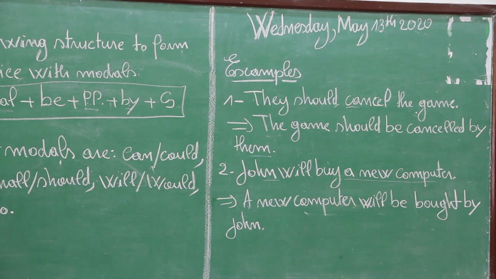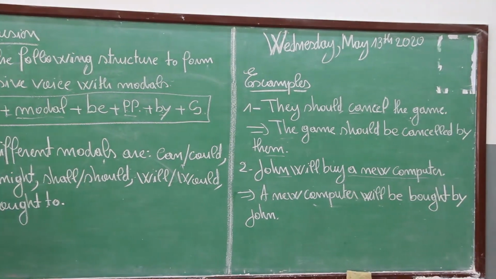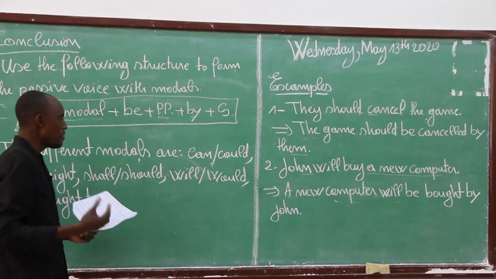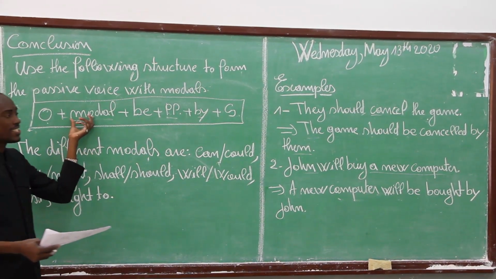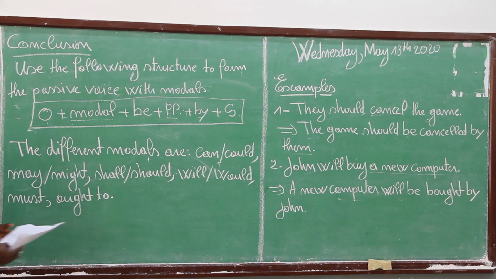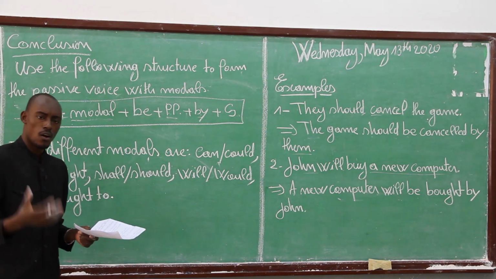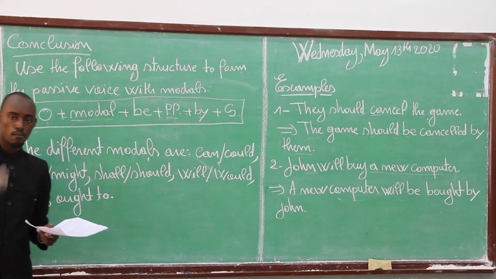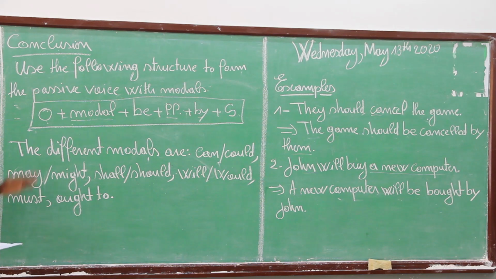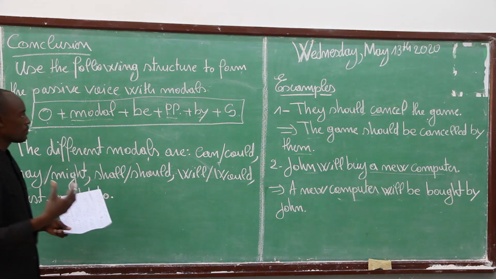Yes, this is modals in passive voice. Use this structure when you deal with modal verbs in active voice. Passive voice with modal verbs: you use this structure. We have object plus modal plus be plus PP.